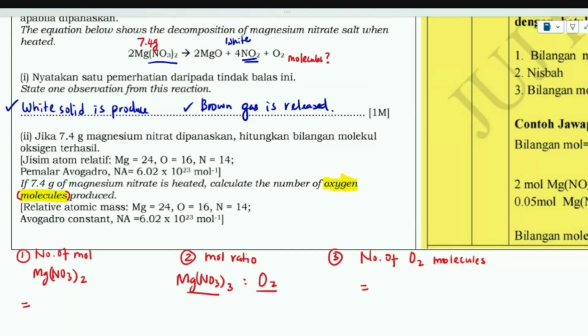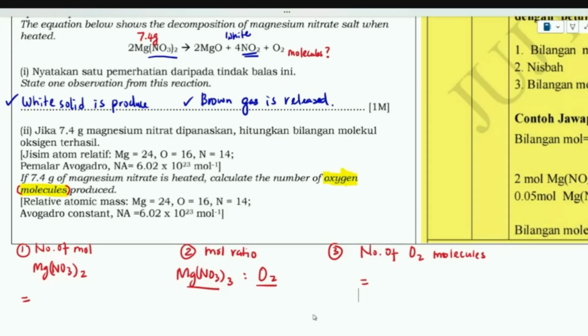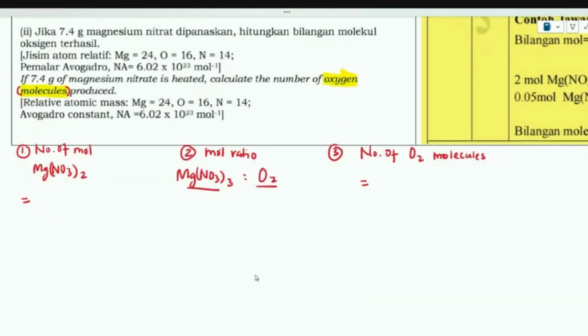After you get the mole, then you do the mole ratio. Mole is mass 7.4 over molar mass.